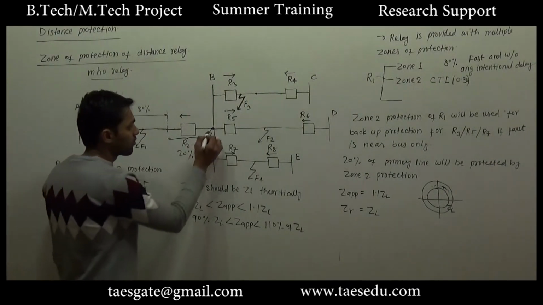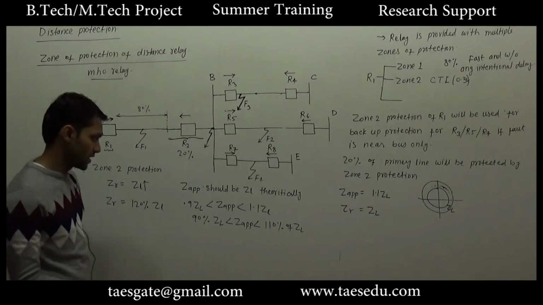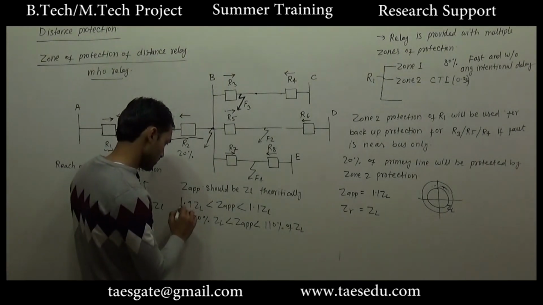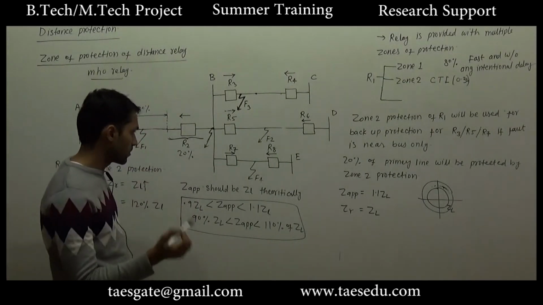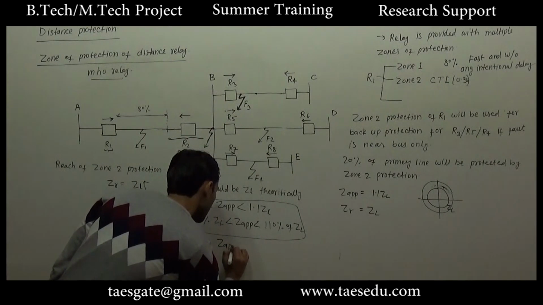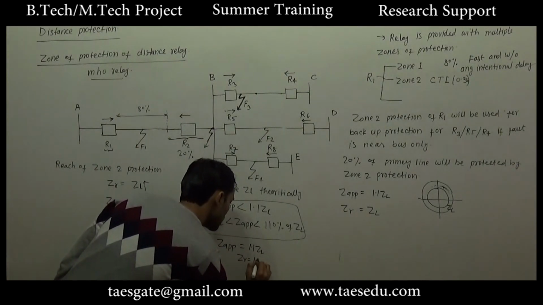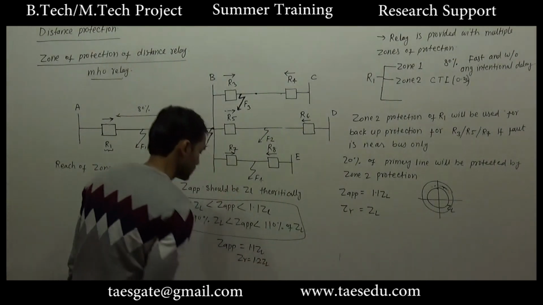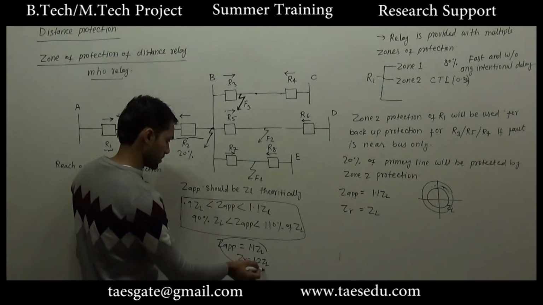So for a fault at this point, even if you have error in the measurement, the error has some prescribed limit, let's say 10%. So for this point, the maximum measured apparent impedance will be 110% or 1.1 ZL. ZR is equal to 1.2 ZL. So ZR is greater than the measured impedance, so this fault will be detected.